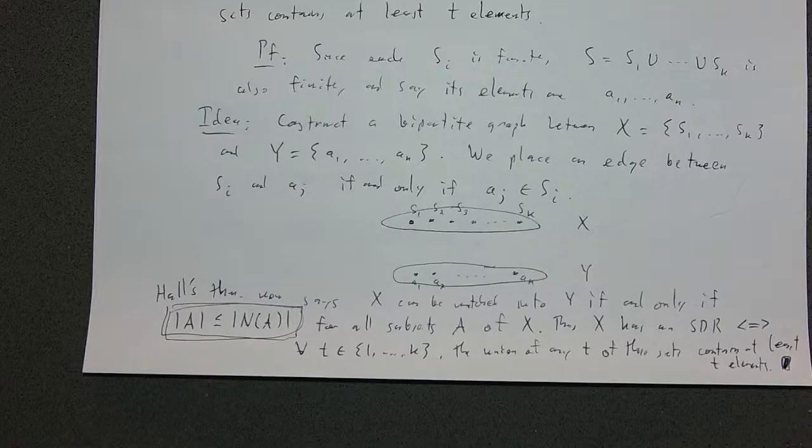Okay. Sometimes Hall's theorem is referred to as Hall's marriage theorem. It's very obvious where and how, to what extent the combinatorics is creeping in here, right?